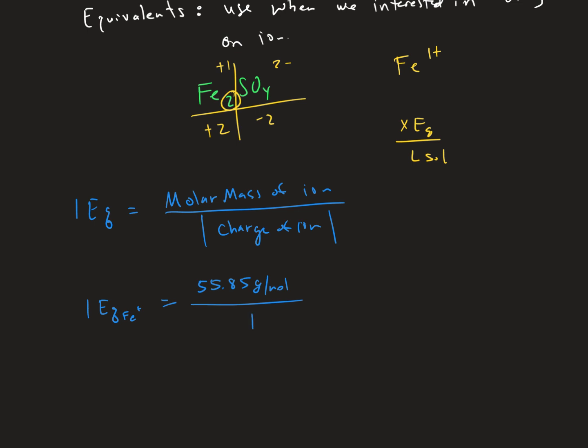Oh, well, that's easy. In this case, is it always going to be divided by 1? No. So 1 equivalent is equal to 55.85 grams per mole, right? Are we good?